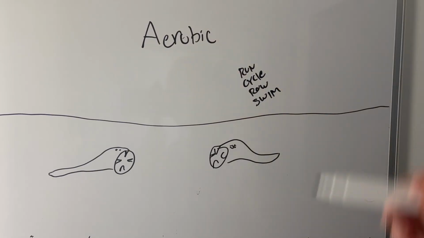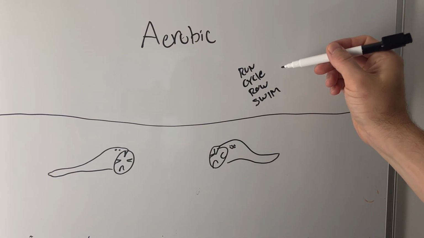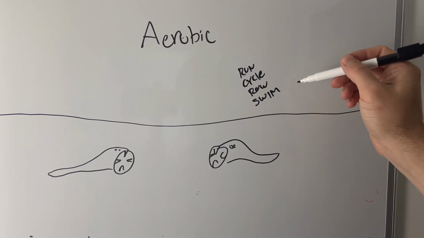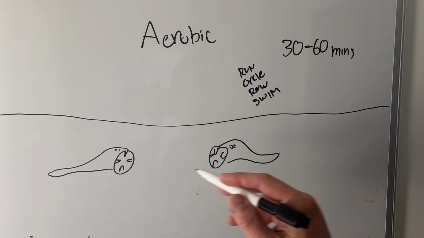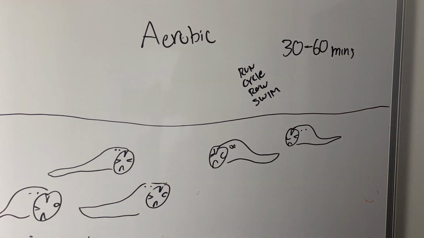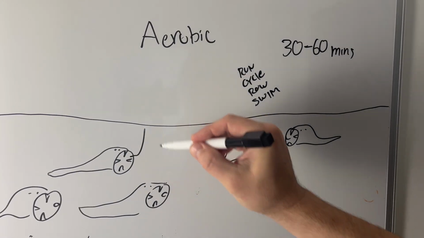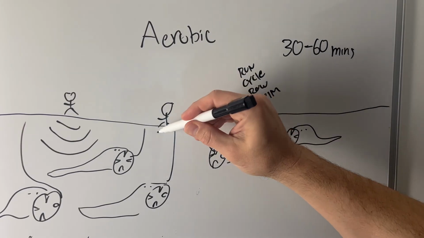Now, aerobic exercise, which you typically see in running, bicycling, rowing, swimming, for 30 to 60 minutes, in as little as a few weeks, will increase the saturation of GLUT4 transporters and their responsiveness to come up to the surface when insulin is released.